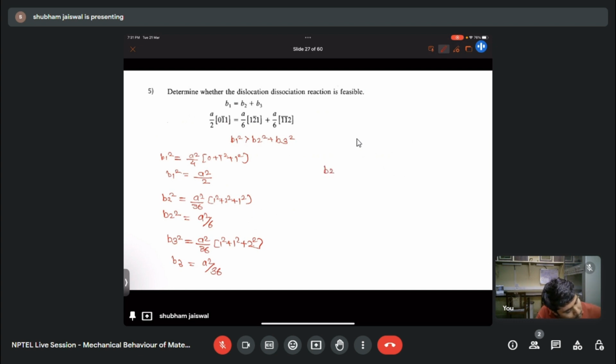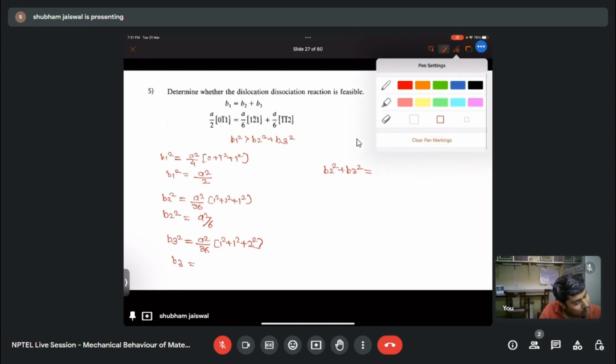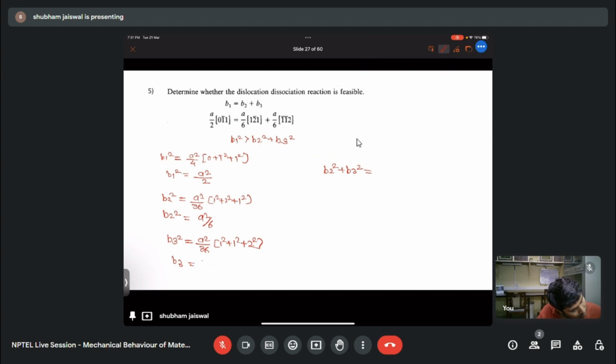Now if we do b2 square plus b3 square, we'll get a square by 6 plus a square by 6, which comes out to be 2a square by 6.